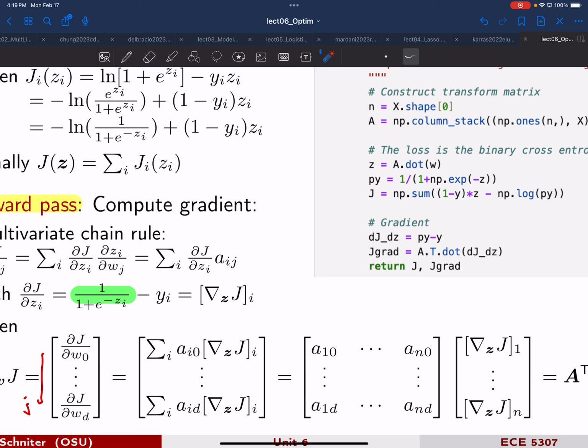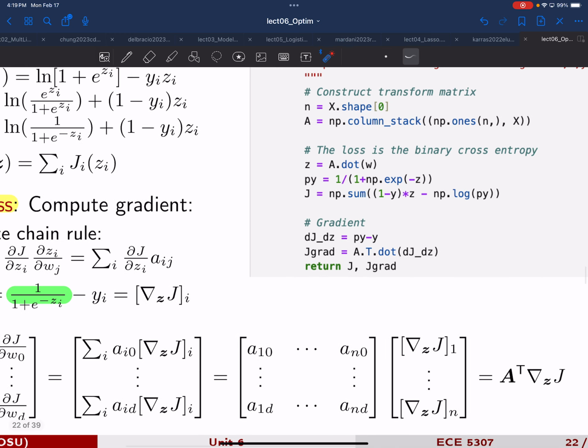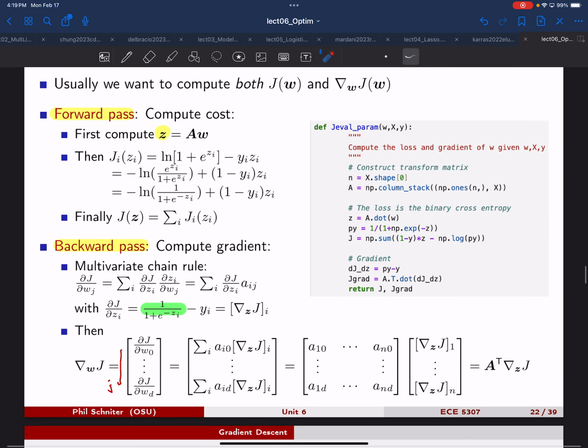If you look closely, the training samples are evolving along the columns, and the features are evolving along the rows. That's the opposite of how the A matrix is usually constructed, so this is really going to be the A matrix transposed. And over here we have nothing but the gradient vector of J with respect to z. So at the end of the day, we have a nice way of computing this using a matrix-vector multiply, no need for loops.